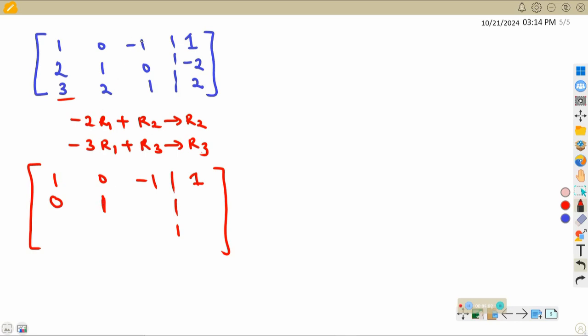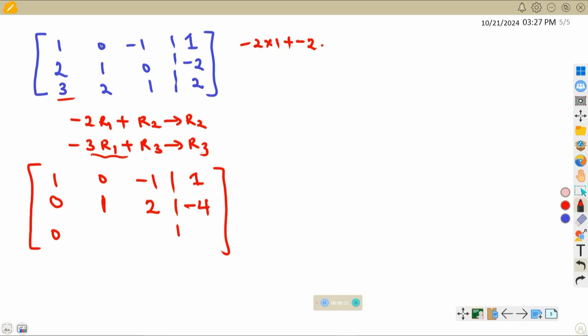Negative 2 times negative 1 is positive 2, plus 0, remains 2. Negative 2 times 1 plus negative 2 gives us negative 4. Next, negative 3 times 1 plus 3 gives us a 0.